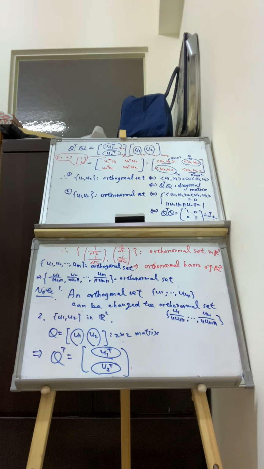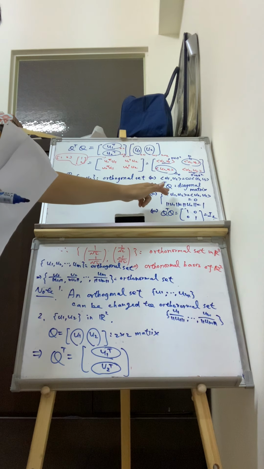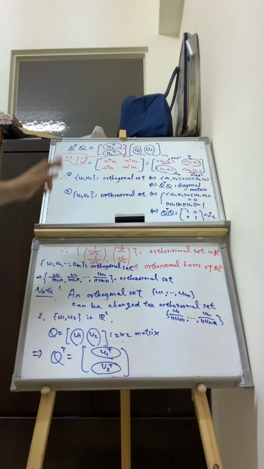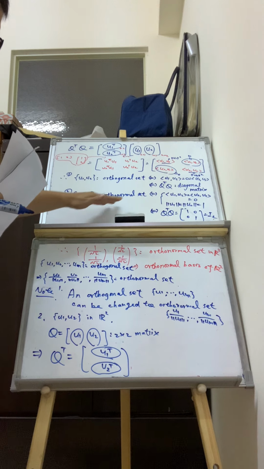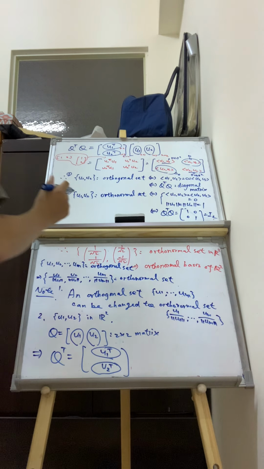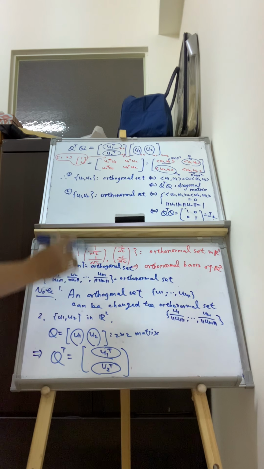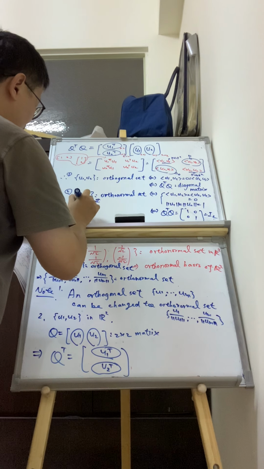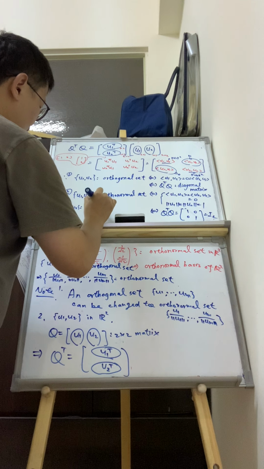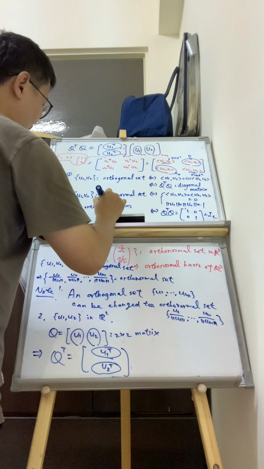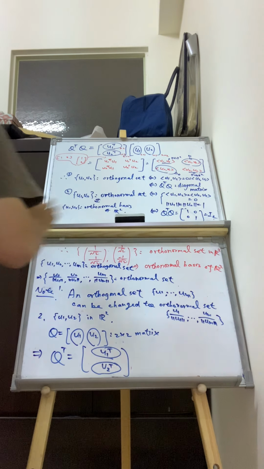So an orthogonal set means that Q transpose Q is a diagonal matrix, and an orthonormal set means that Q transpose Q is the identity. And since we have two vectors in R2, it also means that U1, U2 are an orthonormal basis of R2.